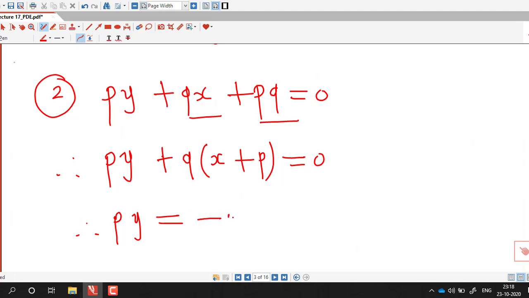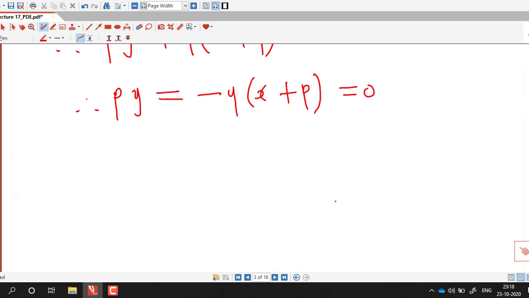equals minus q times x plus p. So now if we separate, we can take this x plus p on this side.